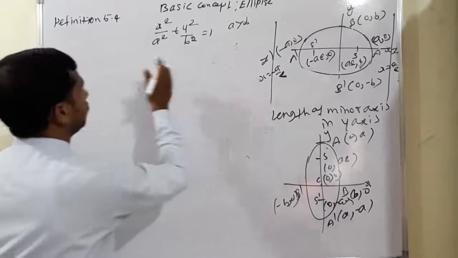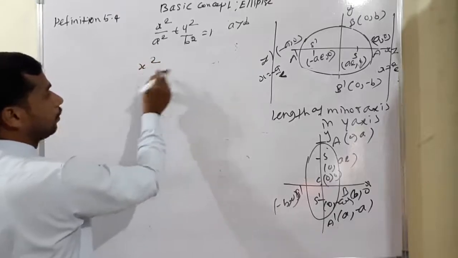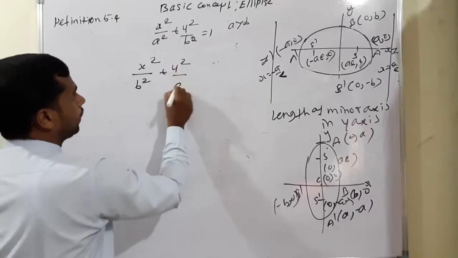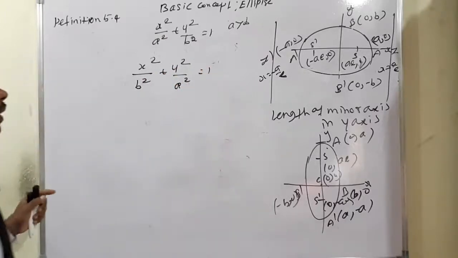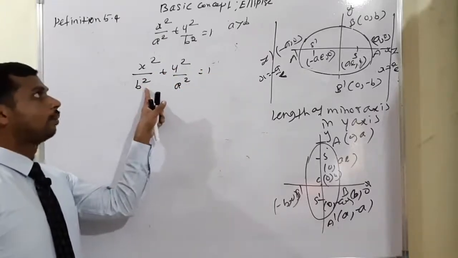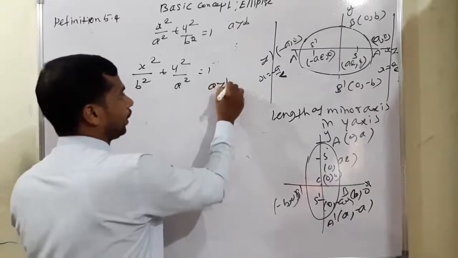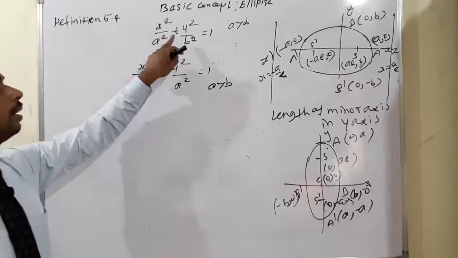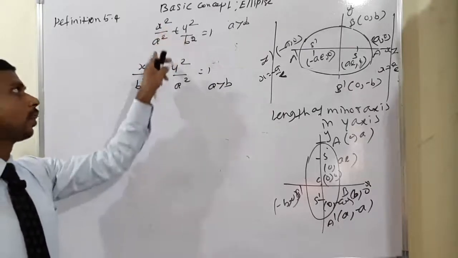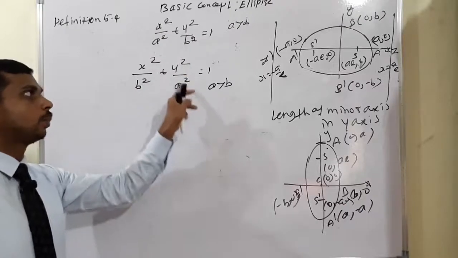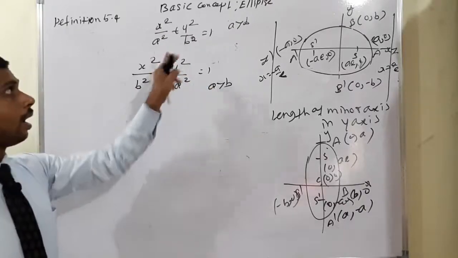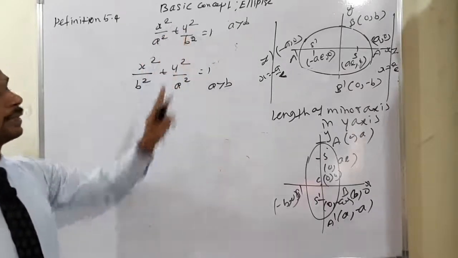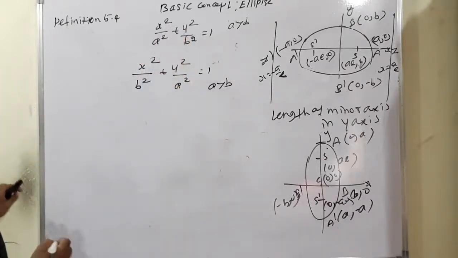Sometimes the general form of the ellipse becomes x square by B square plus y square by A square is equal to 1, where A is greater than B. The condition is that when the denominator value is greater than x square, we have to write x square by B square plus y square by A square is equal to 1. And when the larger value is under x square, we can write x square by A square plus y square by B square is equal to 1.